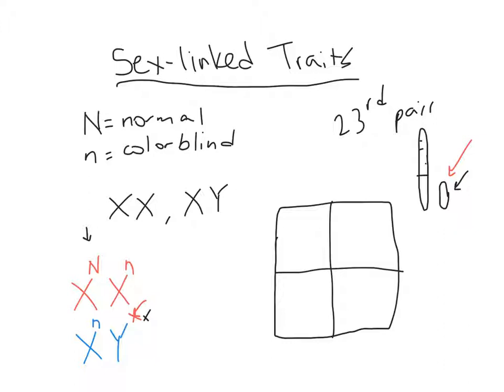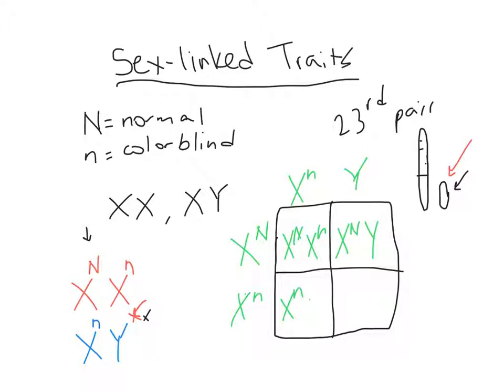All right, so that is a carrier female crossed with a colorblind male. So I'll go ahead and put their alleles over here. X big N, X little n, and the guy is X little n, Y, and fill in the box. X big N, X little n, normal female, but she is a carrier. X big N, Y, totally normal male.